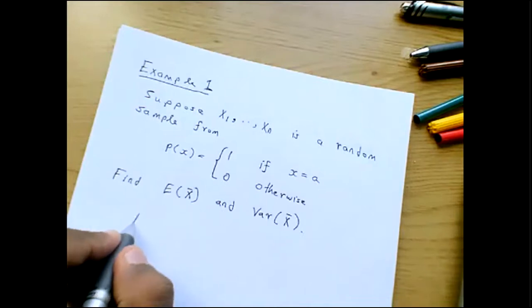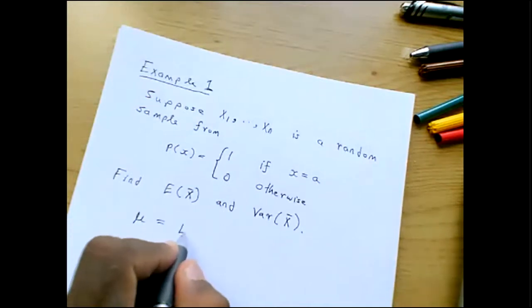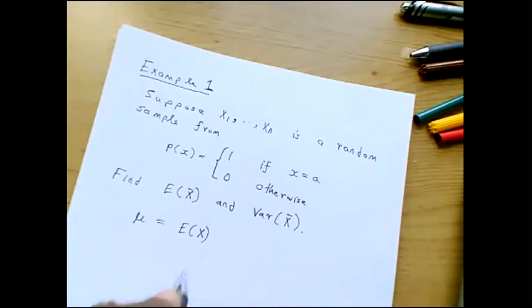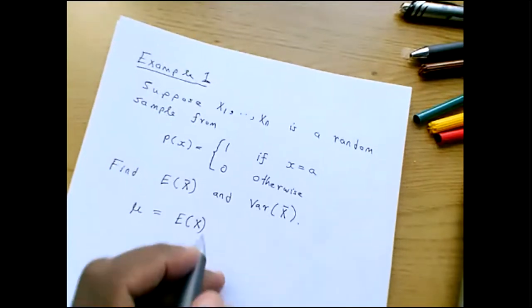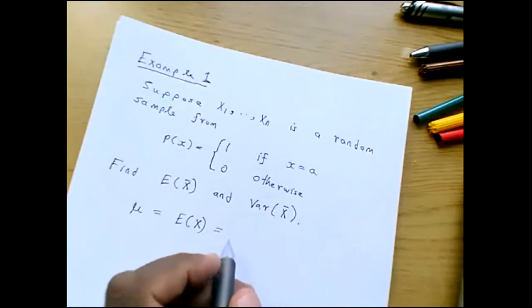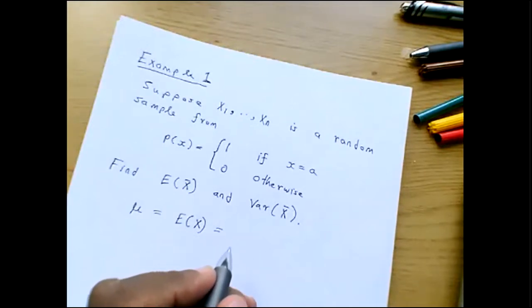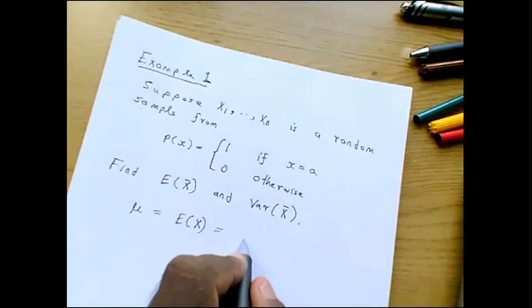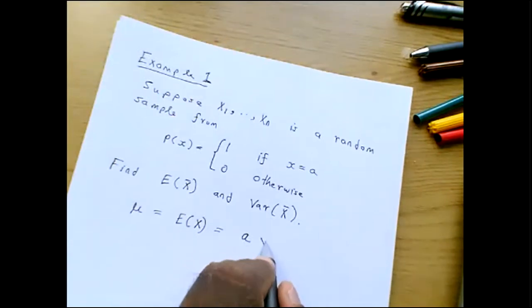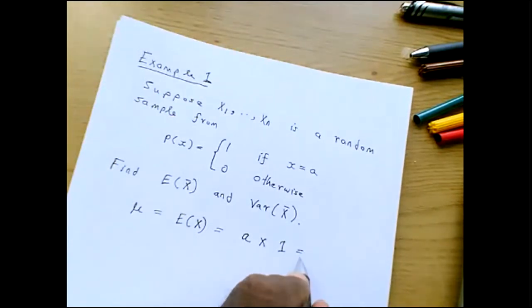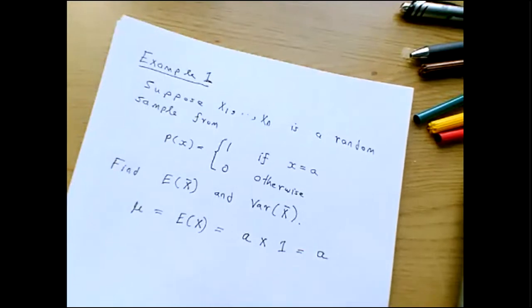Remember, mu is the expectation of x, which is going to be a times 1, which is a.